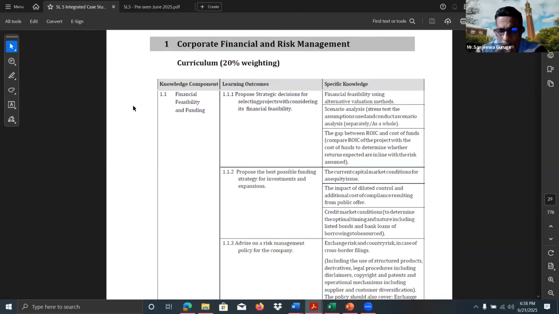We should know how to make this investment decision correctly, which involves a number of different stages. After that, how to identify the best combination of capital, the best possible funding strategy, because these are the key points in financial management.